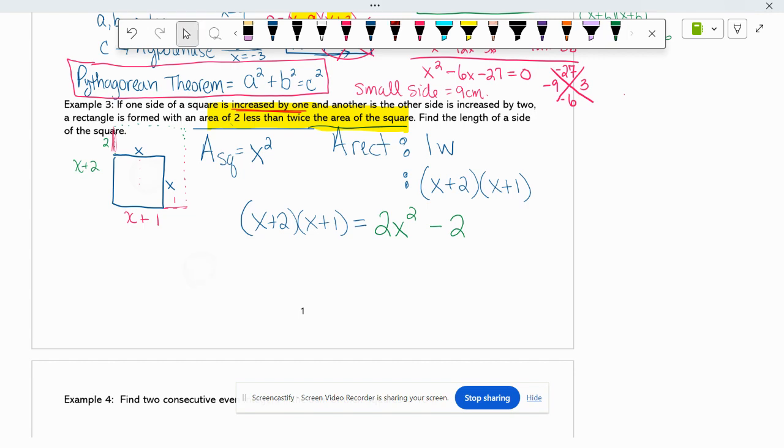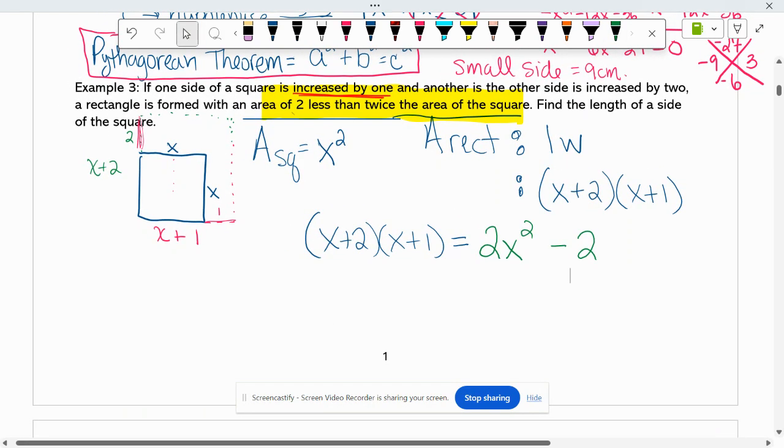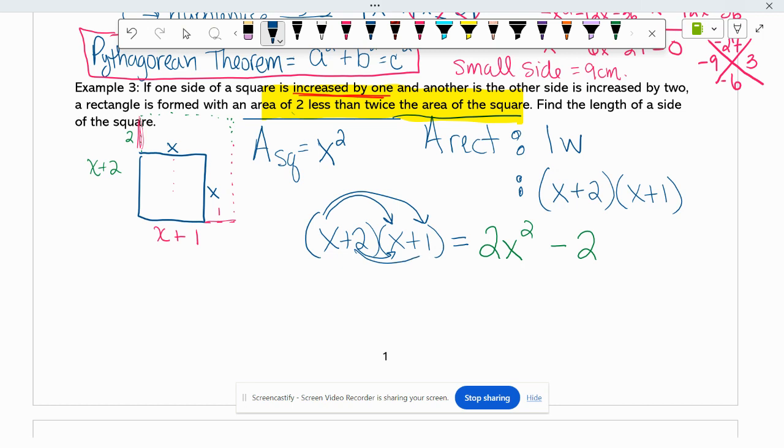Okay, so what are we going to do first? We got to do some foiling or distributing, right? We have to figure out what this is. So x times x. Jansen, what is x times x? X squared. X times 1.